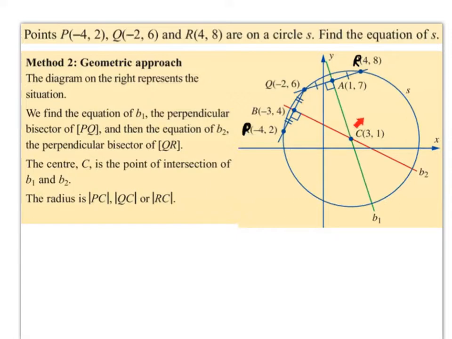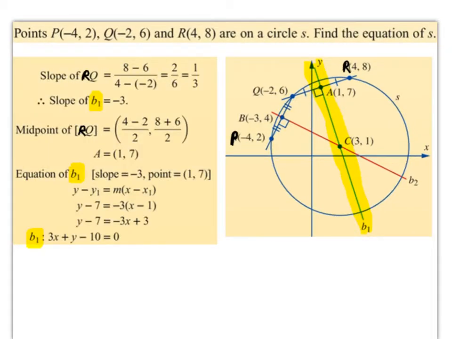But obviously we have to come up with this ourselves. So the center C is the point of intersection of B1 and B2. The radius is PC or QC or RC. So PC will give us the radius, QC will give us the radius, or RC will give us the radius.